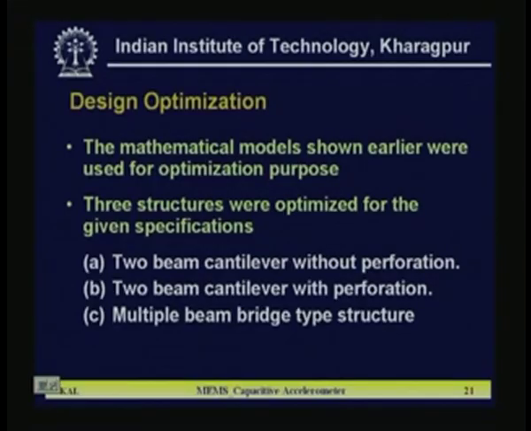So that's why it has been mentioned: two beam cantilever without perforation, two beam cantilever with perforation, multiple beam bridge type structure. There are three structures now optimized. Single beam cantilever is not acceptable, as I have shown earlier, because in off axis, meaning x and y axis, the z displacement is enormously high. So that is discarded.